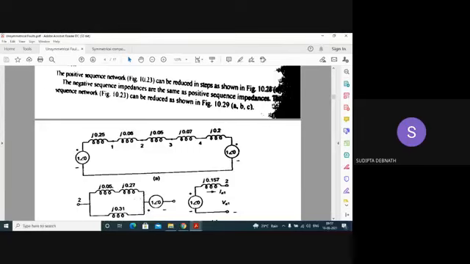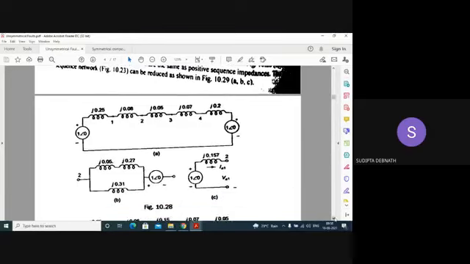This combination in parallel with this combination, that means 0.31 and 0.32, will be almost half, since they are almost equal. Exact value will be 0.157. So this is the Thevenin's equivalent of the positive sequence network.